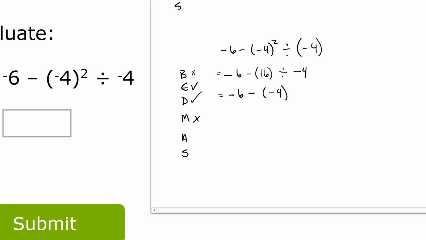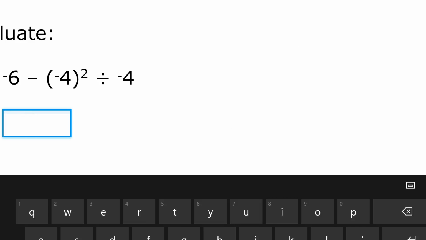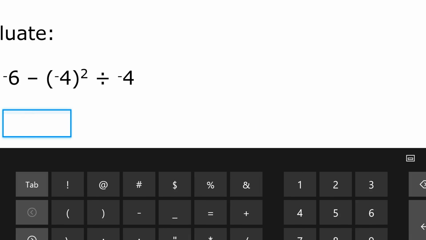There's no multiplication, and now we need to deal with the adding and subtraction. So the next step here would be to make sure that we rewrite two negatives beside each other to create a positive. So it becomes negative 6 plus 4. Negative 6 plus 4 is going to be negative 2. I'm going to put in my answer here as negative 2.